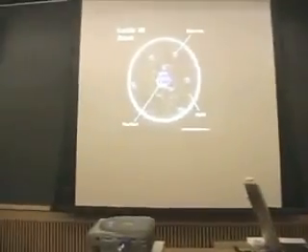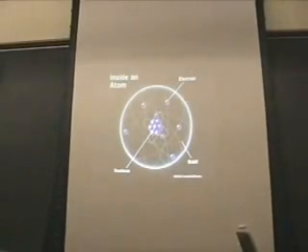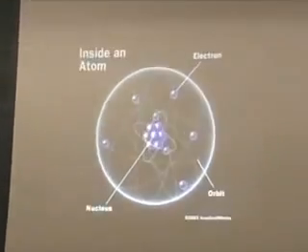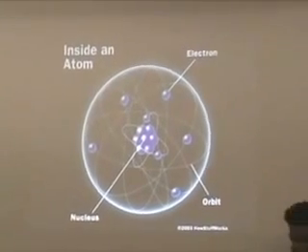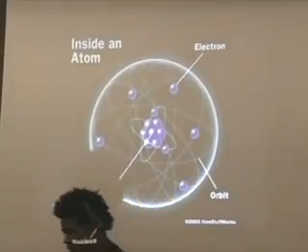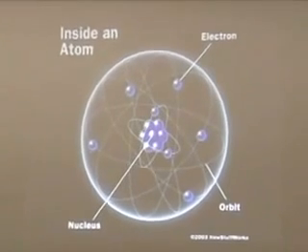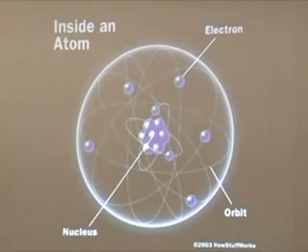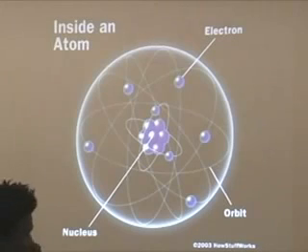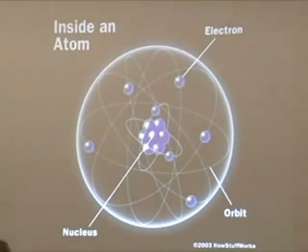Now here we have what is an atom. The atom is made up of 3 components. And within those 3 components is what structured life, whether it be an amoeba or a galaxy. The atom consists of what is a proton, a neutron, and an electron.